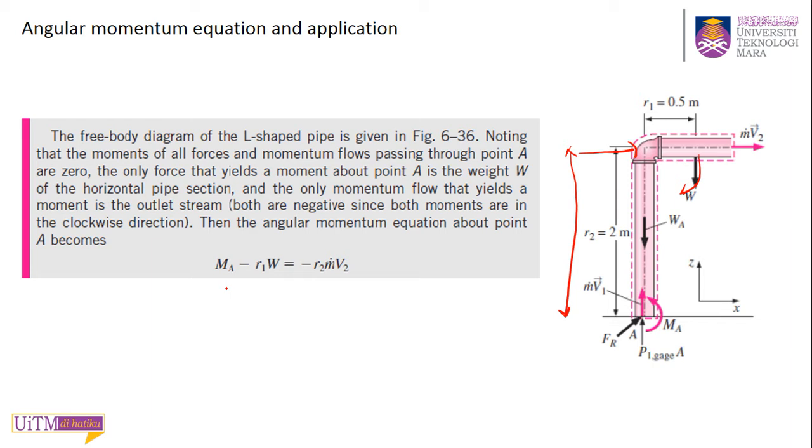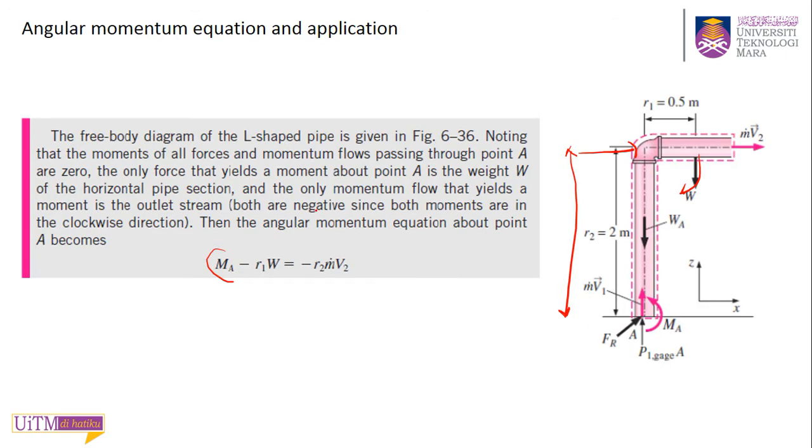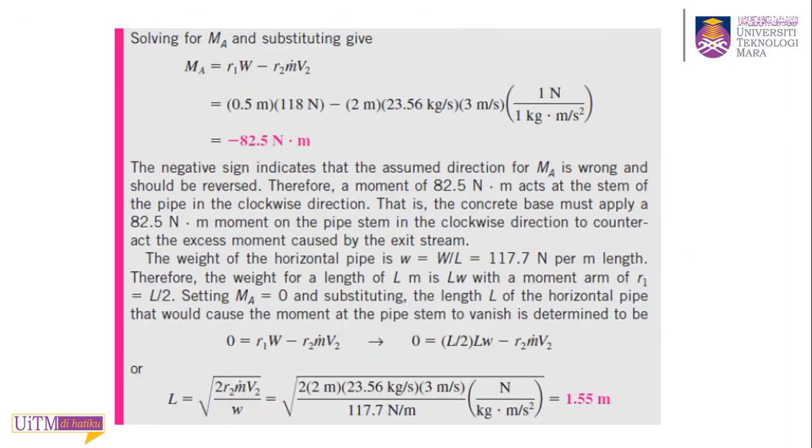So you write all your equation in your angular momentum equation to find your moment, and you rearrange your equation, bring R1W to the right, and replace all the values.